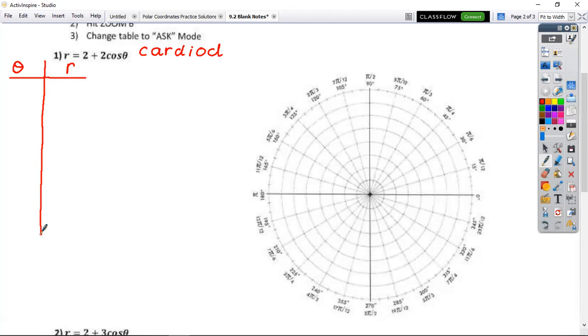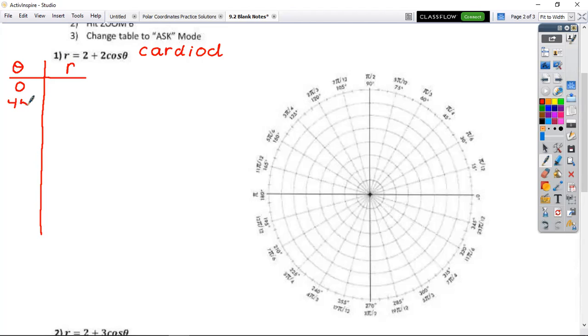So I'm going to do 0, and I'm again pulling these right off your graph. So 0 is a nice one to do. You could do 15, you could do 30, you could do every single one of these if you really wanted to, but you think that's kind of overkill? Sometimes that's going to be overkill. So I'm going to do 0, I'm going to do 45.